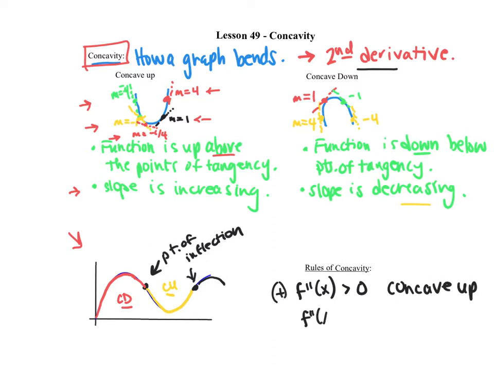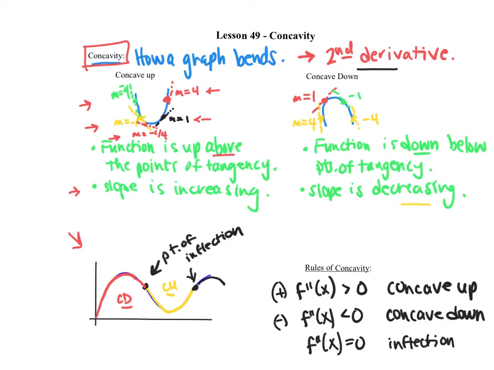If we take our derivative and it's negative or less than 0, then we're going to have something that's concave down. And the last thing is if we take the derivative and it equals 0, then what we have is that inflection point, a change in concavity. We're moving from concave up to concave down or concave down to concave up.